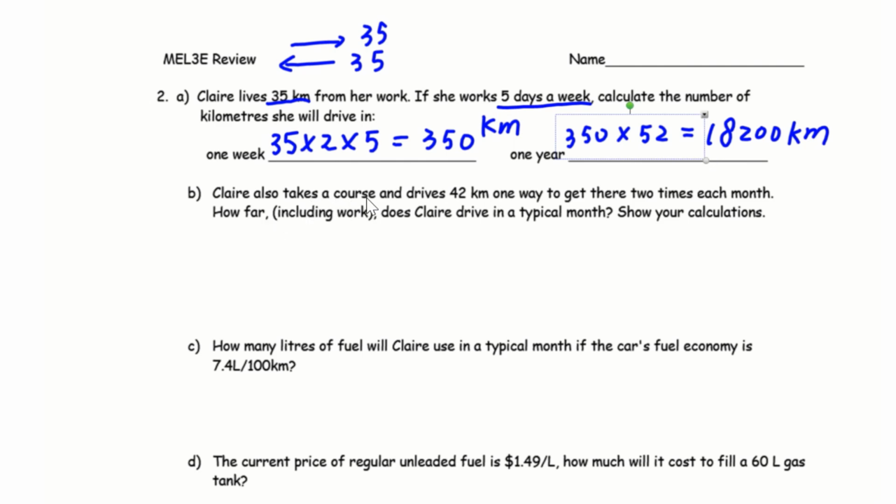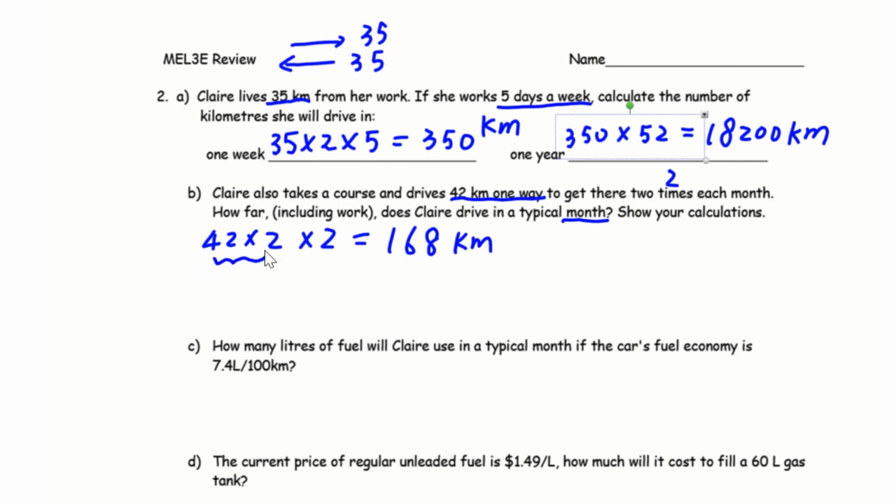Then she takes a course and drives 42 kilometers one way to get there 2 times each month. So how far does she drive in a typical month? So this is for a month, 42 for one way, 2 ways is times 2, then 1 month is twice, so times 2, and you will have 168 kilometers for a month.